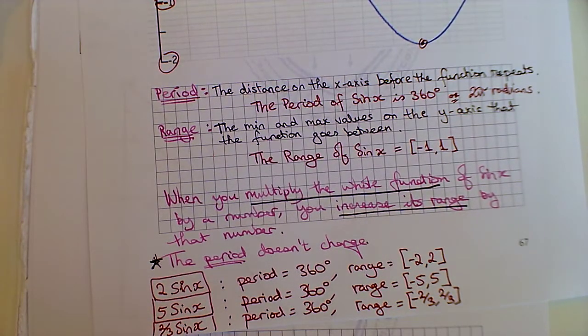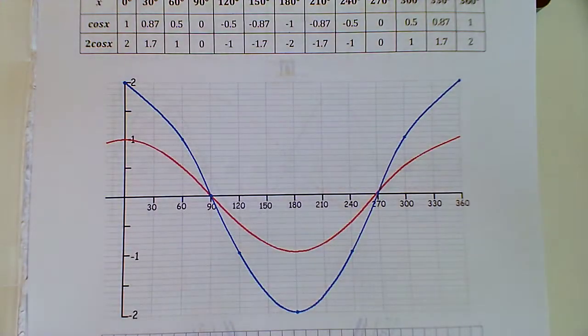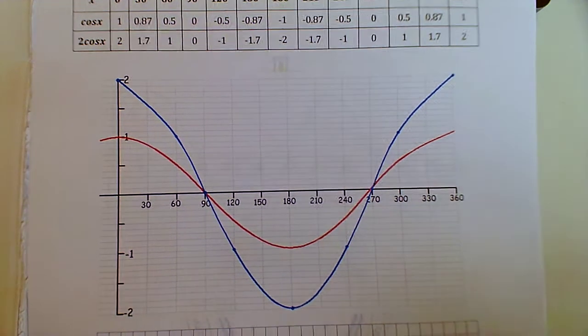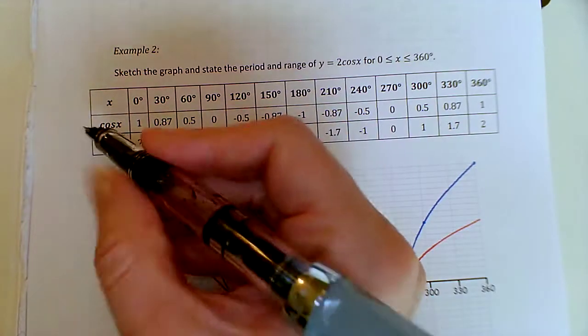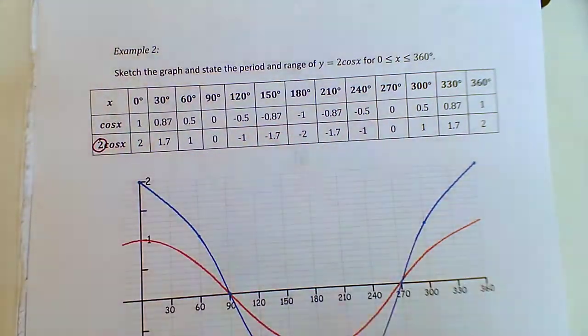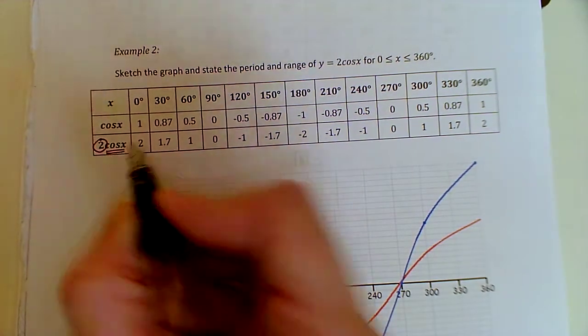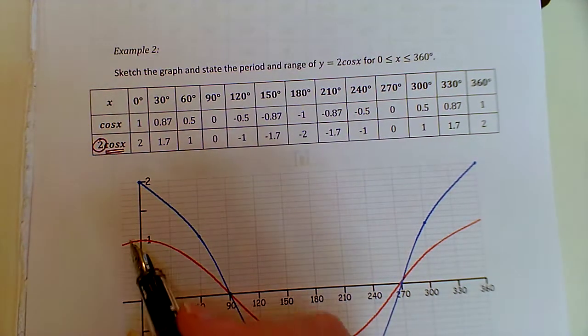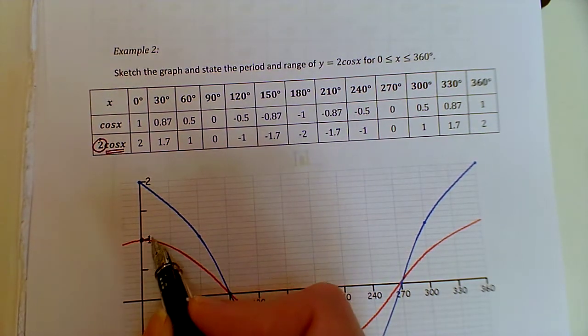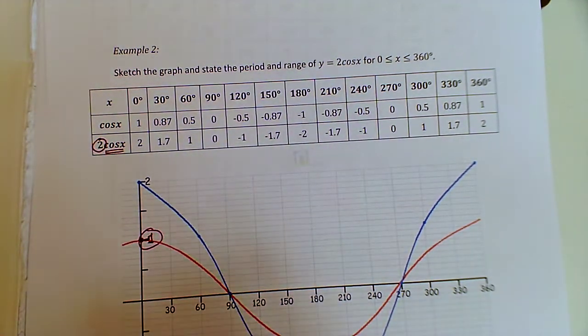Exactly the same thing happens with cosine of x. So if you look at the graph here, we're looking at 2 cos x. So we're only multiplying the function in front. Cosine goes between -1 and 1 as well.